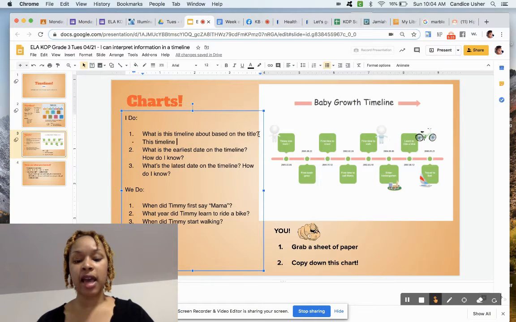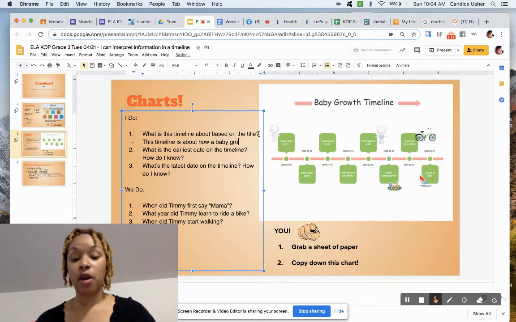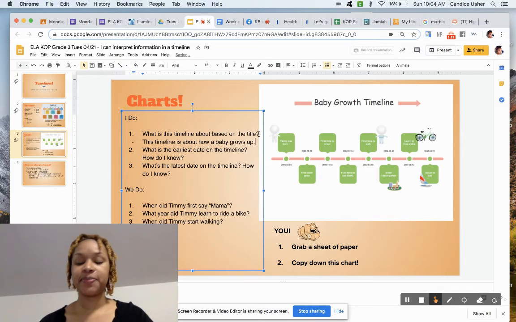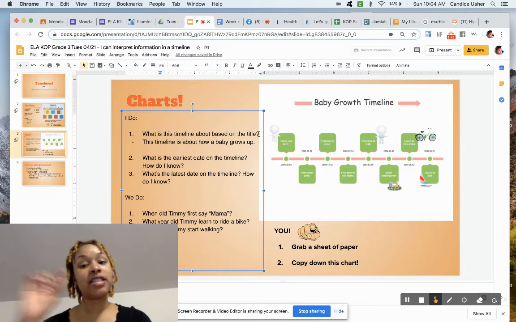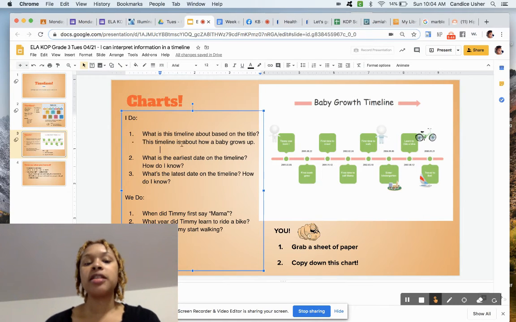So this timeline is about how a baby grows up. Based on the title, that's what I can get. The question asks us about the title, so we need to stick to the title. So I'm going to say this timeline is about how a baby grows up.